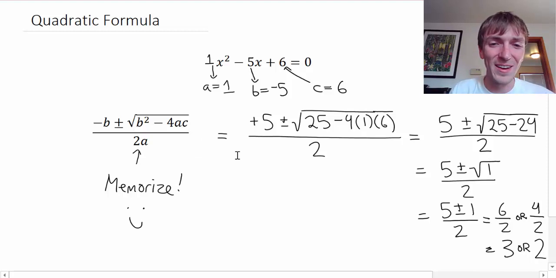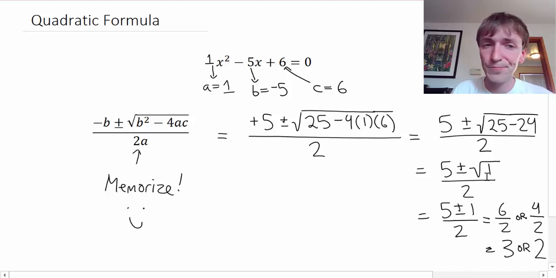What do we do? We plug stuff in. My b is minus 5, and so I need to take minus that. That's how that becomes plus 5 here. Otherwise, it's pretty straightforward, right? Here's my a, here's my c. I simplify what's inside the square root first. I notice that becomes 1.